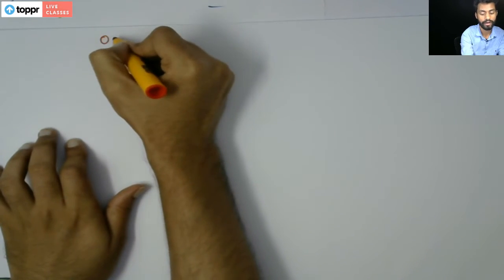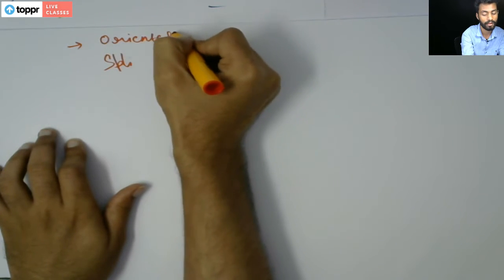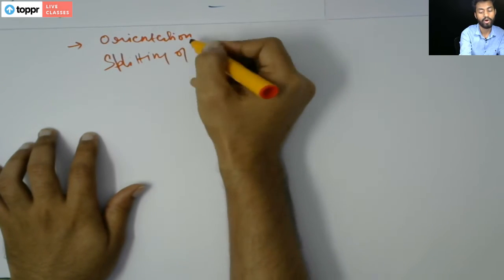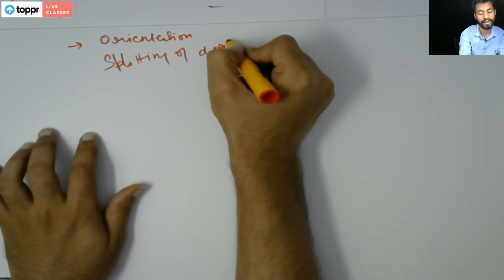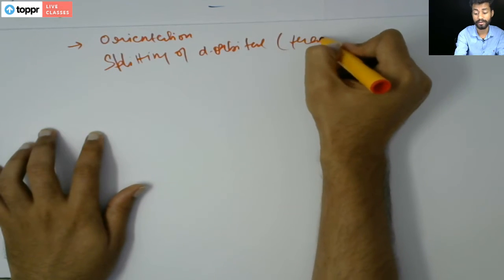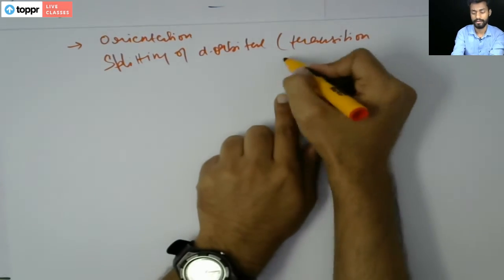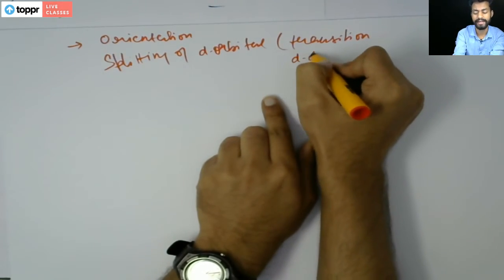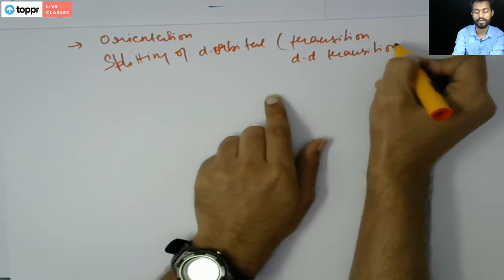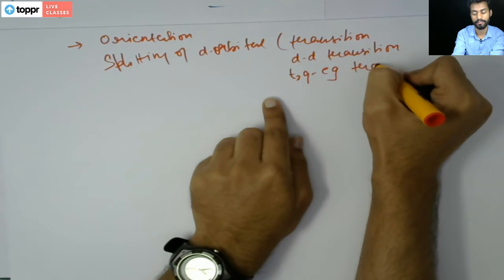So I'll note down one thing: if orientation, then splitting of d orbitals, or I can even say transition, which is commonly known as d-d transition or t2g-eg transition.